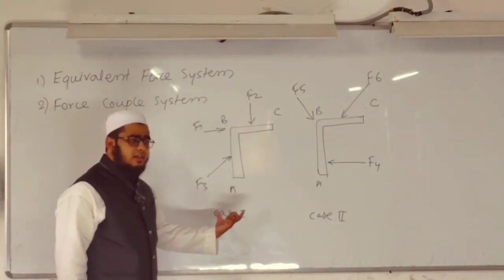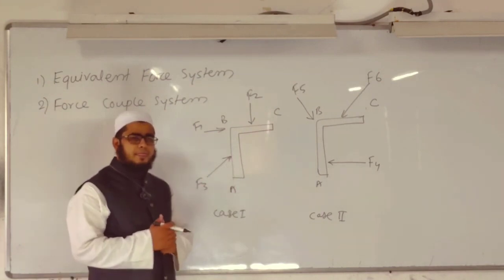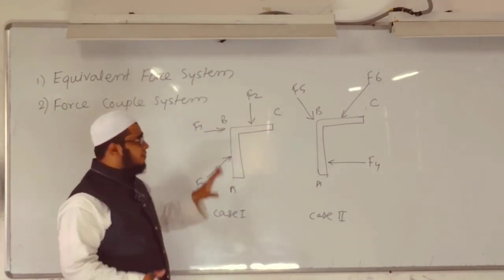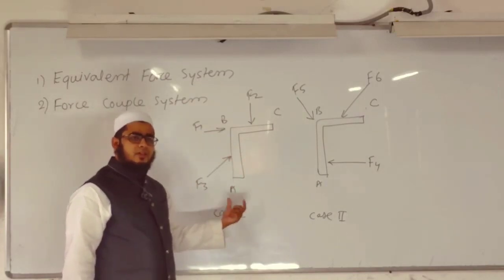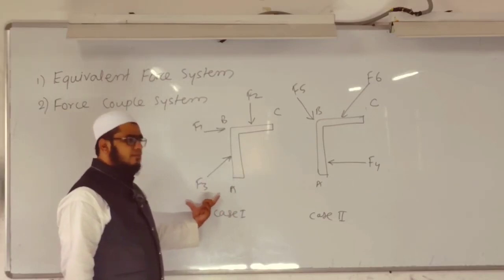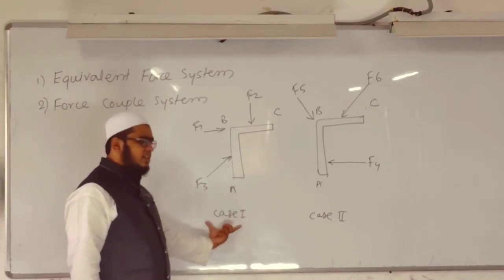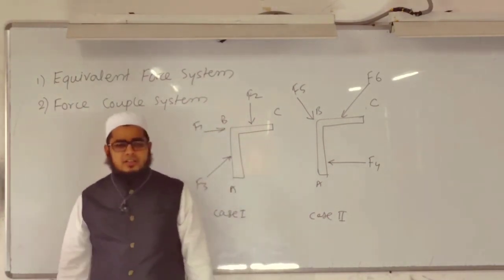Whenever an object is under two different force systems, but the effect of both the force systems on the object is the same, then we will say that the force system acting in the first case is equivalent to the force system acting in the second case.